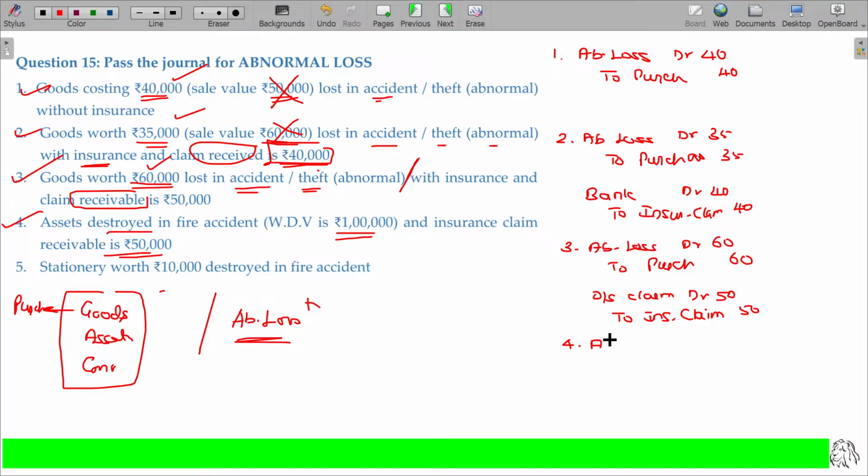So abnormal loss account debit to asset, this value being 1 lakh. And the insurance claim receivable: outstanding insurance claim account debit to insurance claim, the value being 50,000. Is that clear?